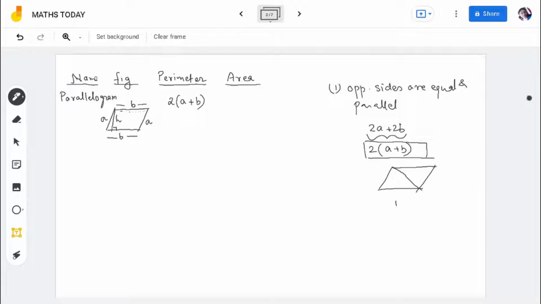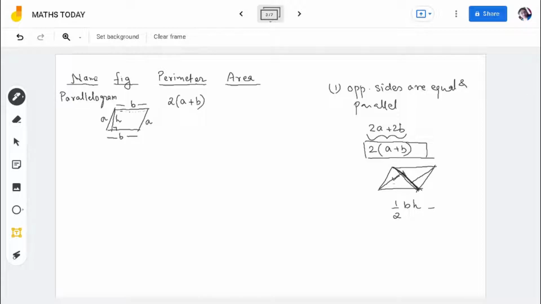So if I am considering this triangle, my base is this, my height is this. And again, this triangle is equal to this triangle. So again, the base is this one and I am taking this one as height. So 2 times I am having the area of the triangle.